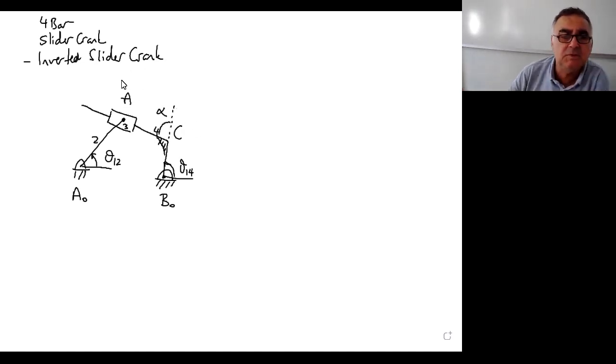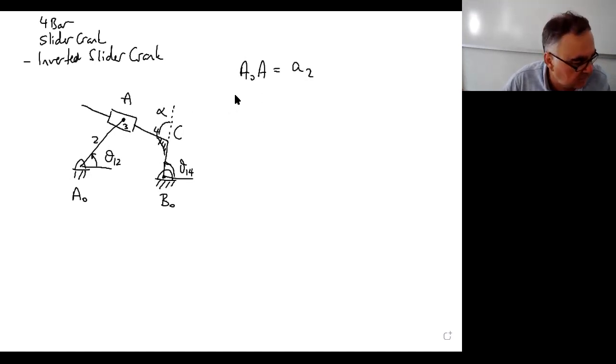But there is one more thing that is necessary here. We need to give link lengths. The link length A0A, which is the link 2 length, is A2. This is straightforward. We have to say B0C.